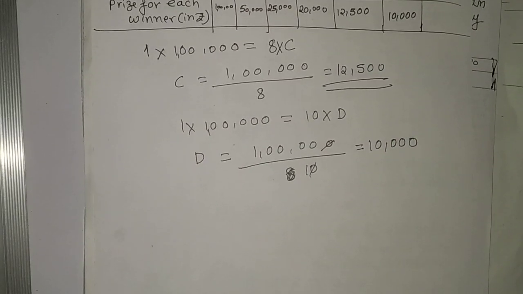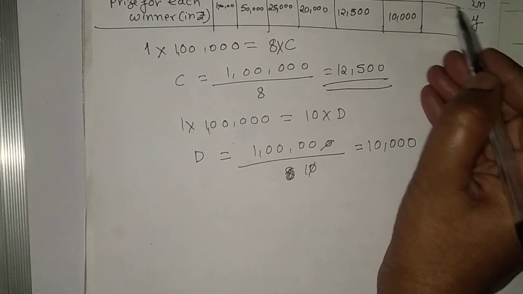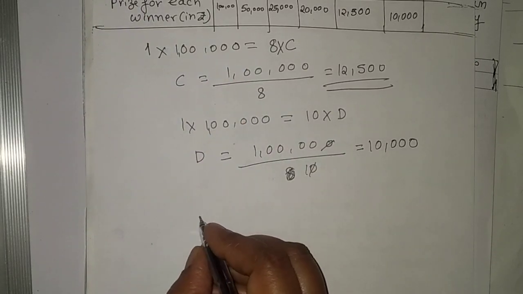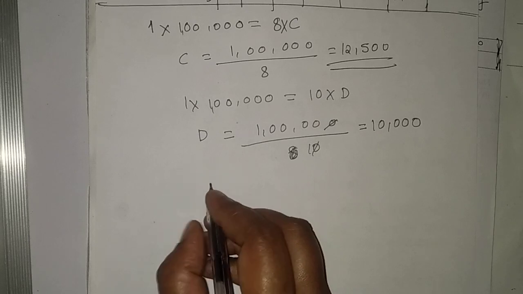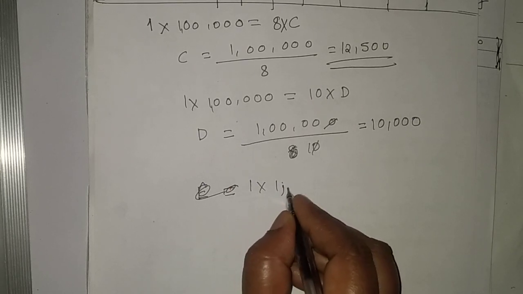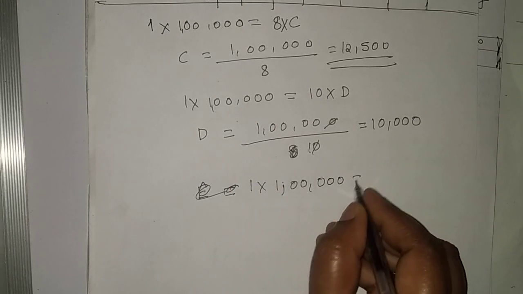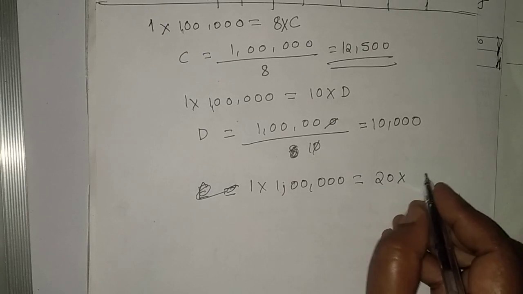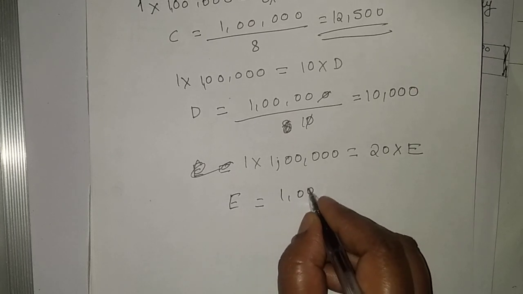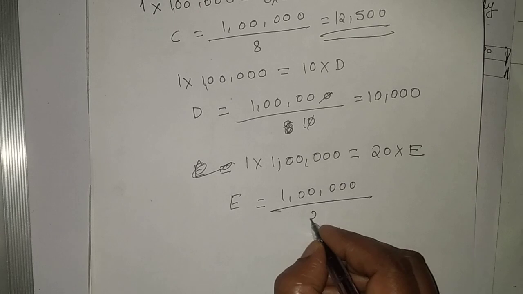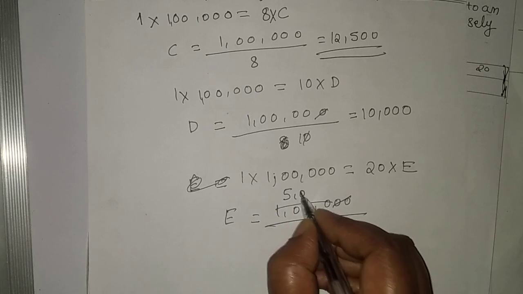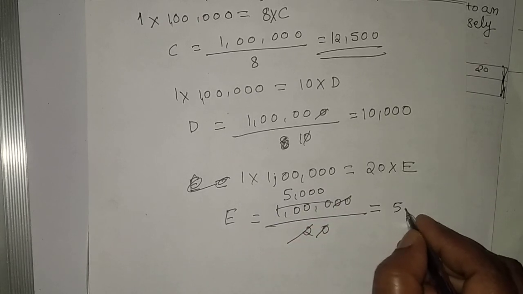After this, the last value in the table is 20. So 20 is there. Therefore we will take it as E, E is equal to 1 into 1 lakh is equal to how much? 20 into E. Therefore E is equal to 1 lakh divided by 20, which is equal to 5,000.